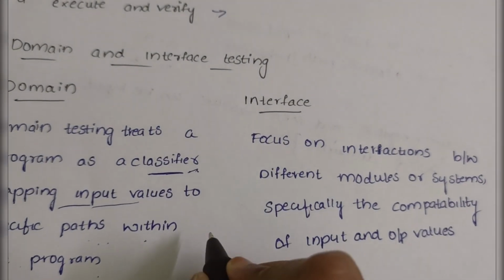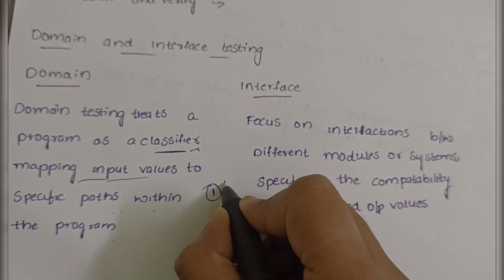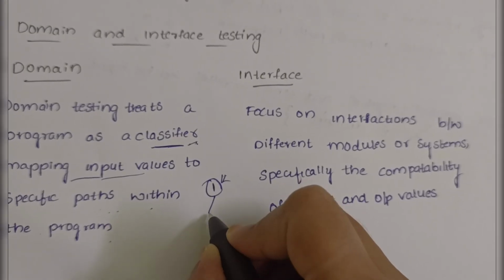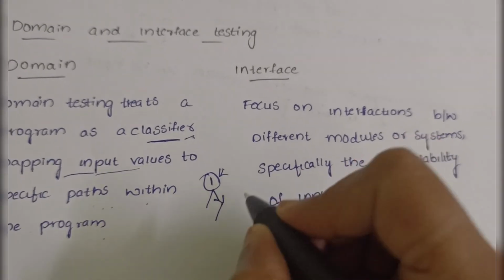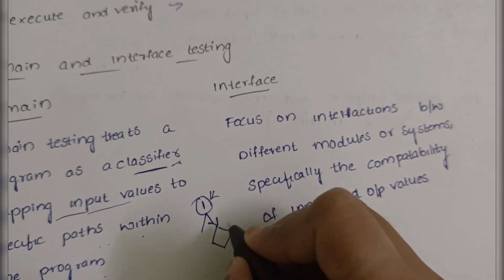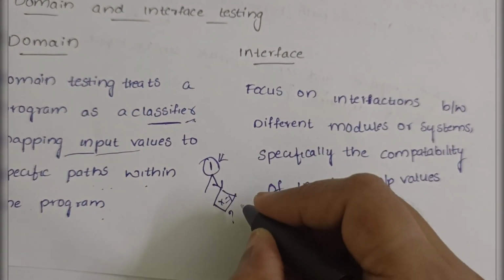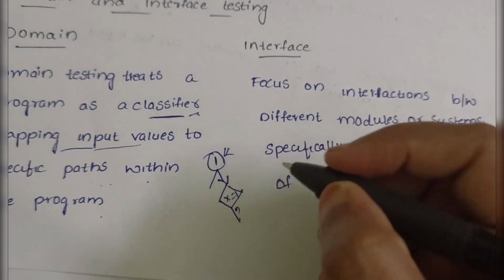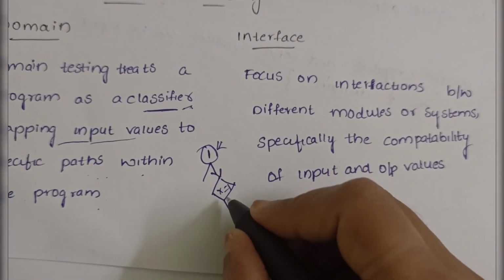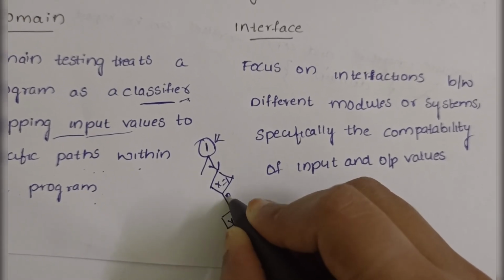For example, we build the code, 1 is an input value and it goes to this condition, whether it can be executed or not, and if the condition passes, it can be yes or no.